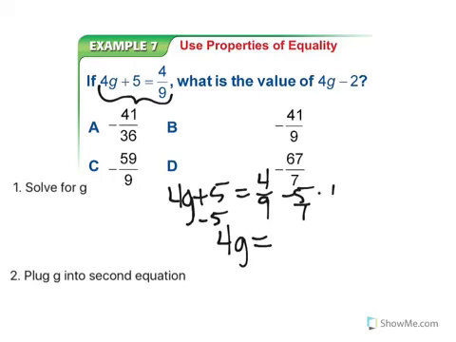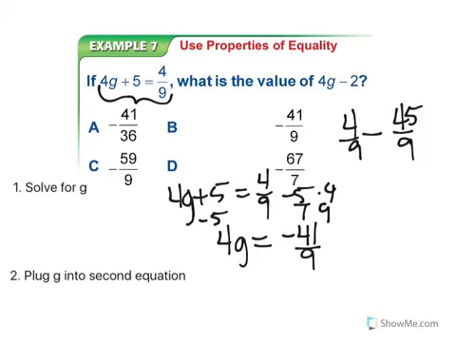Okay, so I can take the second one and multiply by 9 over 9 to where I get 4/9 minus 45 over 9. Okay, so 4 minus 45 is negative 41 over 9.